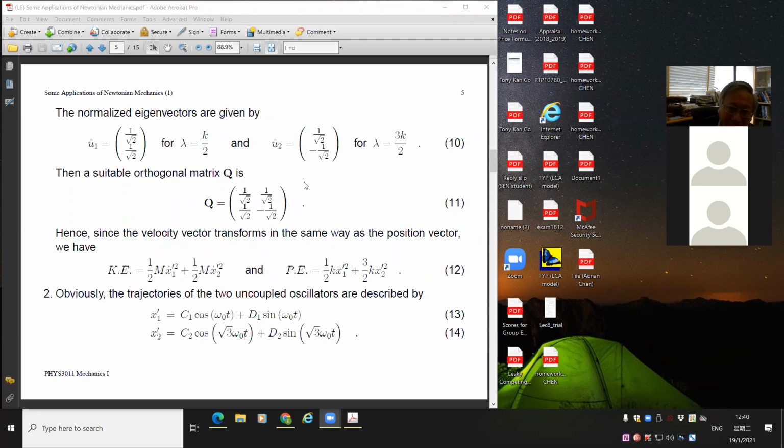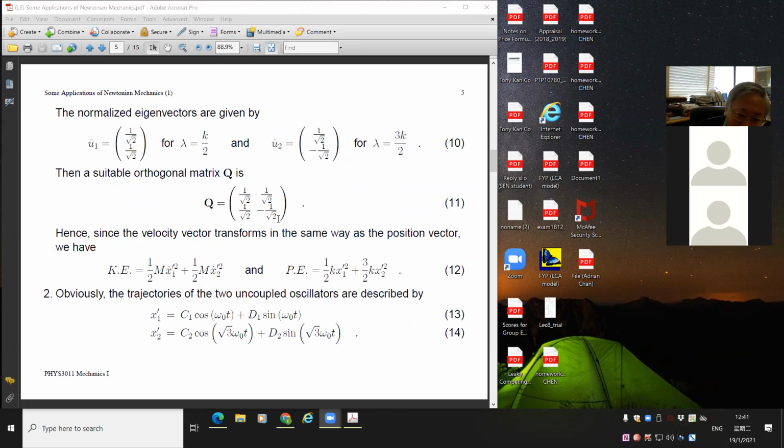We do the same thing, and we have another normalized eigenvector corresponding to the eigenvalue lambda equal to 3K over 2. Once you obtain the two normalized eigenvectors, we can construct the orthogonal matrix Q. The first column of Q contains the first normalized eigenvector. The second column contains the second normalized eigenvector of K.